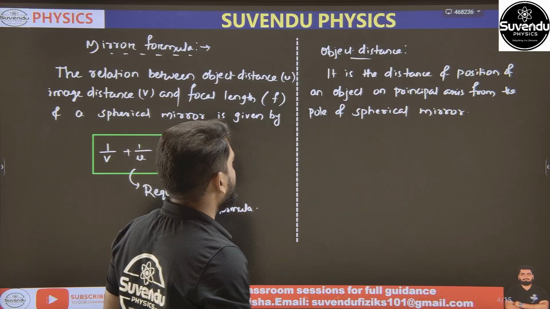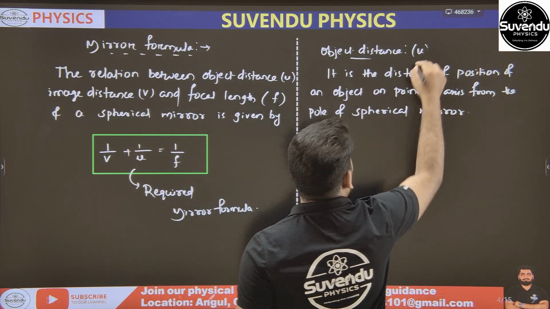That is called object distance, and it is denoted by the letter small u.